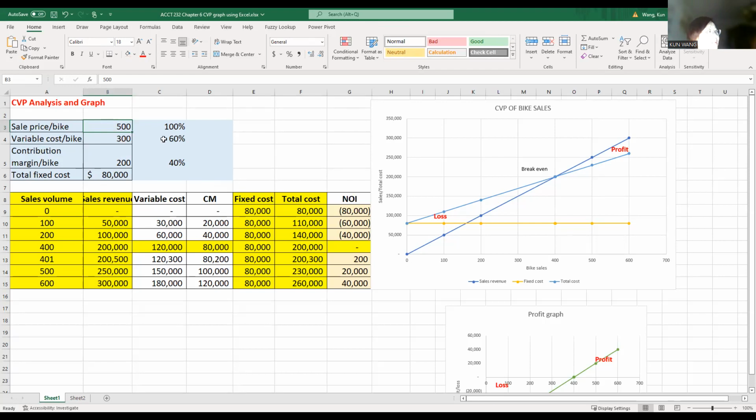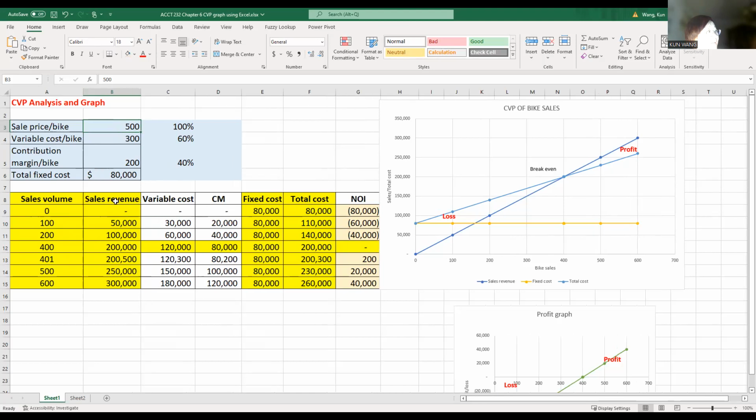So based upon this current condition, this is really similar to what we talk about for the homework example. You see I have different levels of the sales volume, but in the homework, we don't really have the volume. We directly talk about sales revenue, variable cost, then contribution margin, fixed cost.